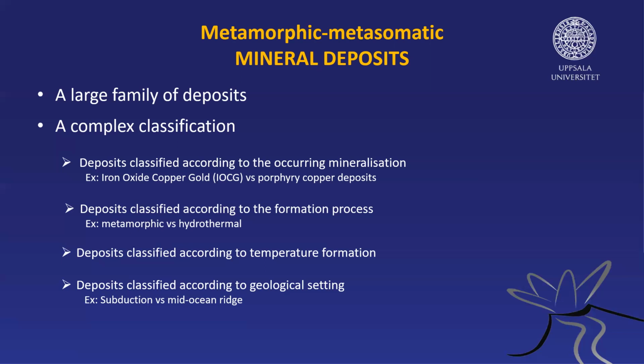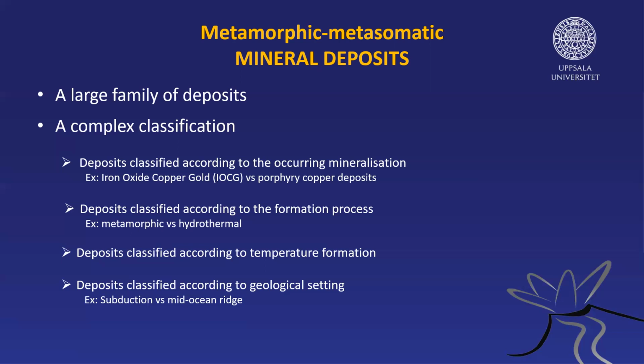For example, you have a very famous type of deposit, that's iron oxide copper gold, because it's economically very interesting. We will talk about that. We will talk also about porphyry copper deposits. So different mineralization, different type, a different box to classify the deposit.